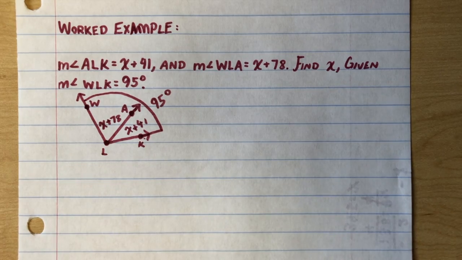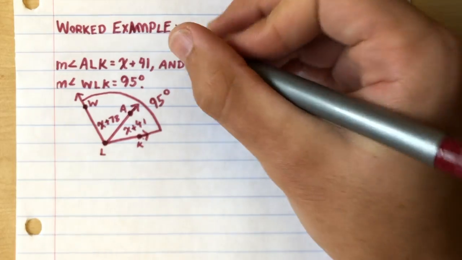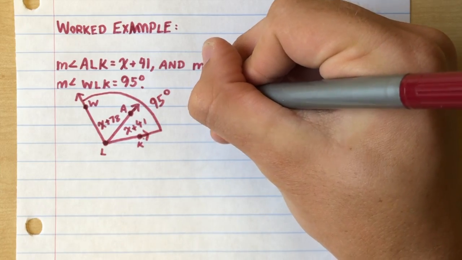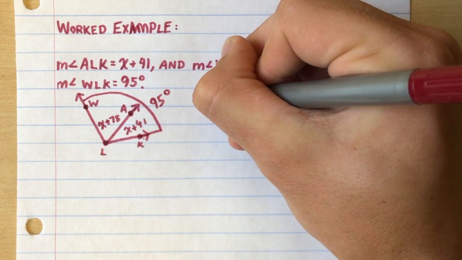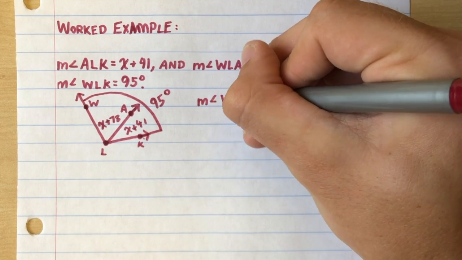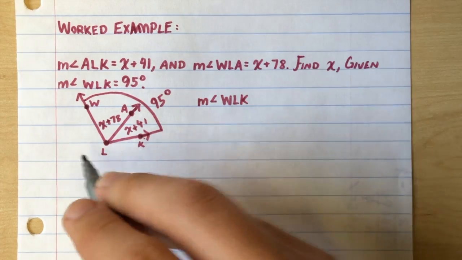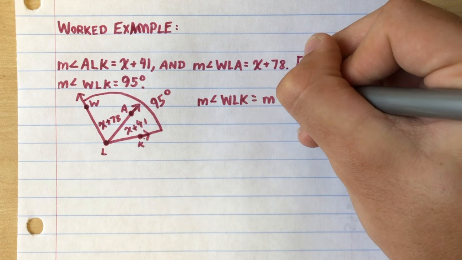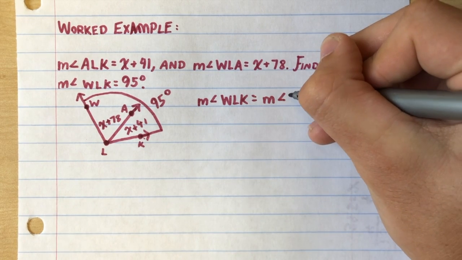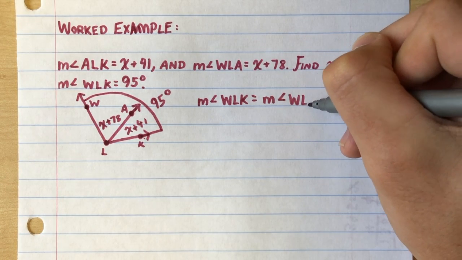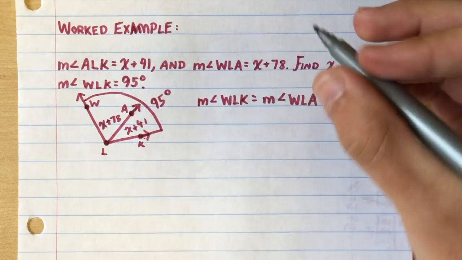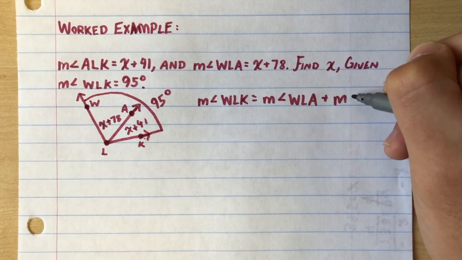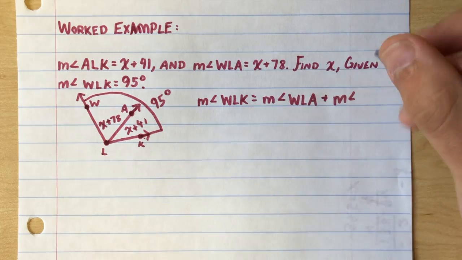So again, we can use the angle addition postulate. So we know that the measure of angle WLK, which is the whole thing, is just equal to the measure of its parts, which is WLA and ALK.